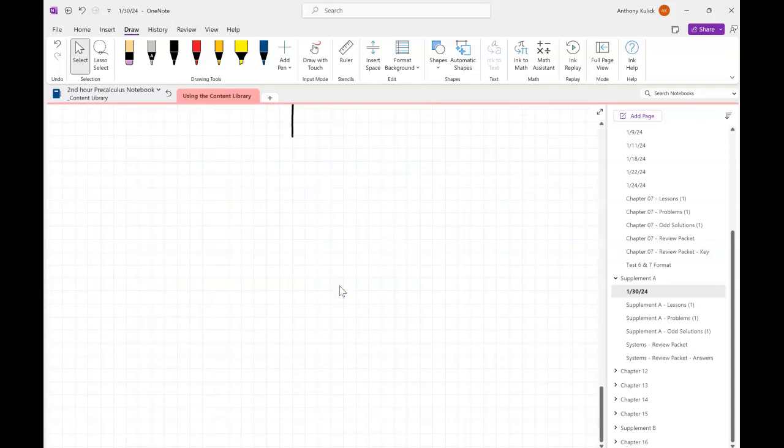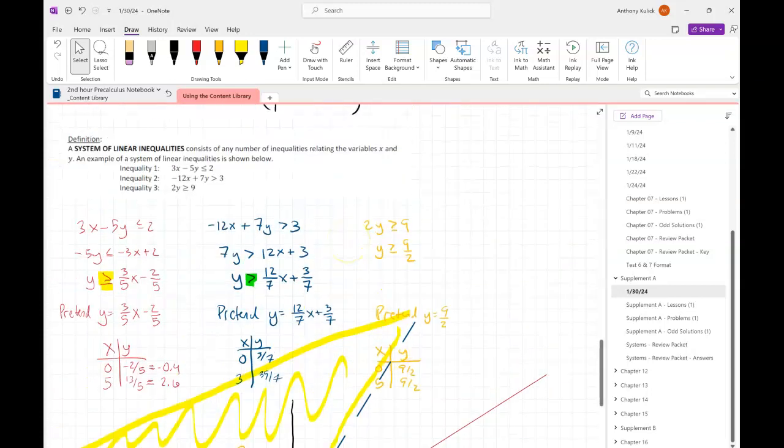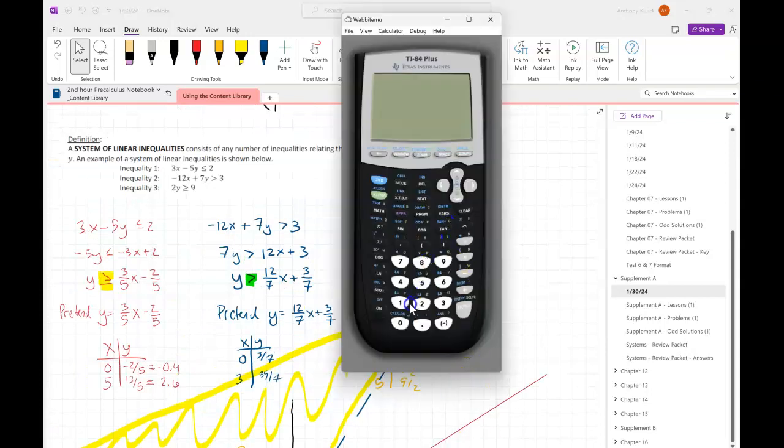So, graph those on the calculator. Yeah, so let's show you how that looks on your calculator. I'm going to plot these as their equals to. So I'm going to do 3/5 x minus 2/5. Oops, forgot the x.